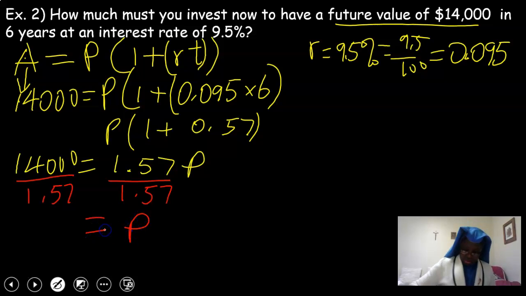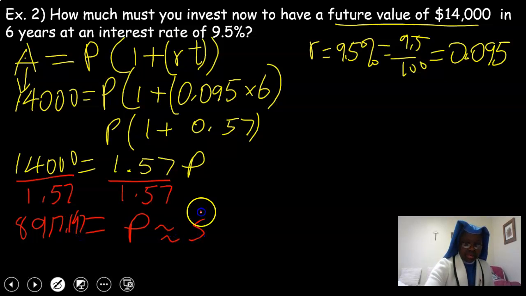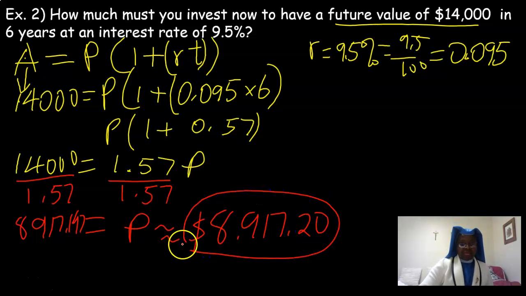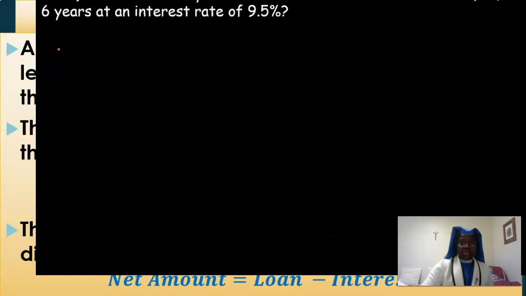So P is going to be 8917.197 and so forth, which will be approximately 8,917.20. Okay, this is the amount you have to put in to be able to have a balance of 14,000 in 6 years. Okay, that's the principal.